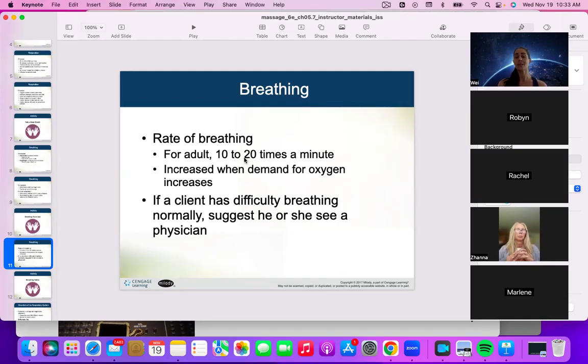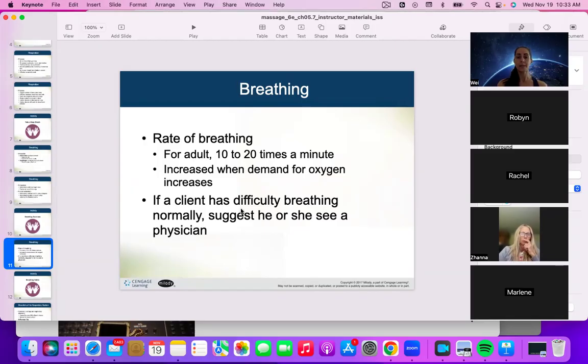Athletes can go really low with the breath. Older people will go higher. And like I explained, the sympathetic is going to go higher, and the parasympathetic is going to go lower. Relaxed or tense.